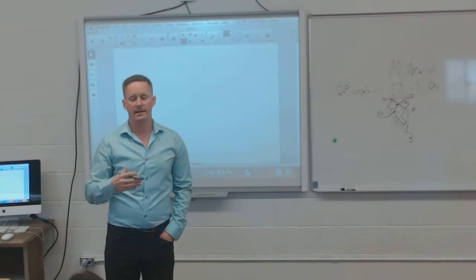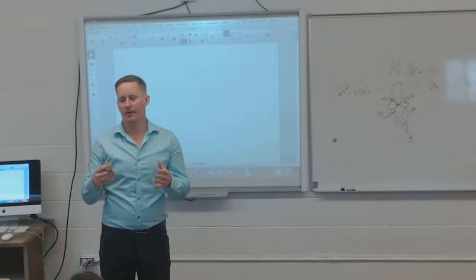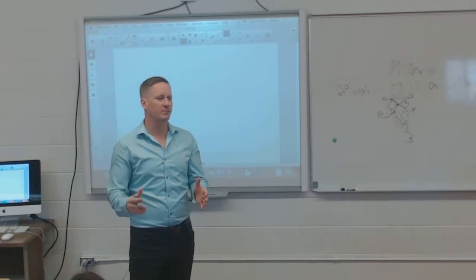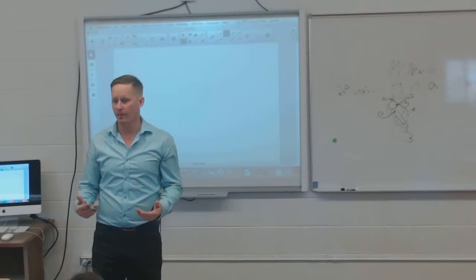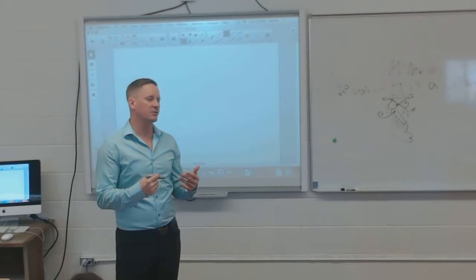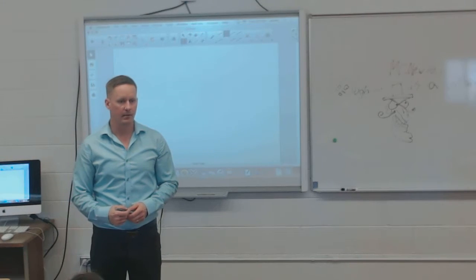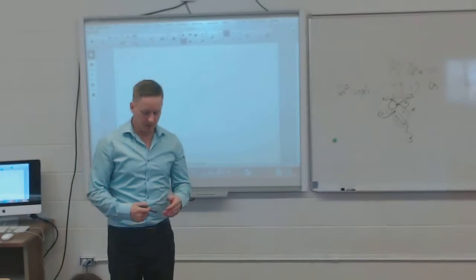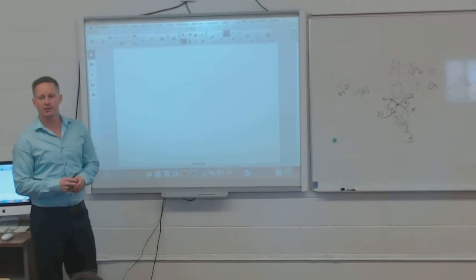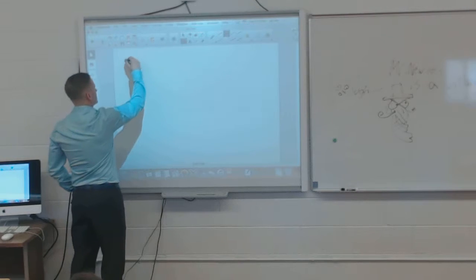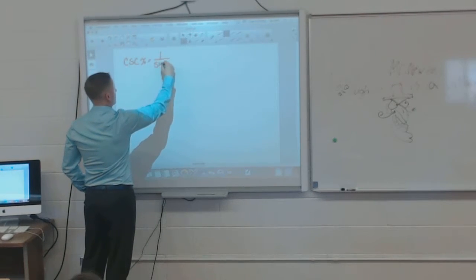So when we do an identity, we have to do these tables, and we have to set them up, and we have to solve them so that our left-hand side and our right-hand side match up. We prove them. So in this section, we're going to spend a lot of time proving identities to be correct. So our reciprocal identities, again, are given to you on your cheat sheet. But what we know so far is this. Cosecant x is 1 over sine x.